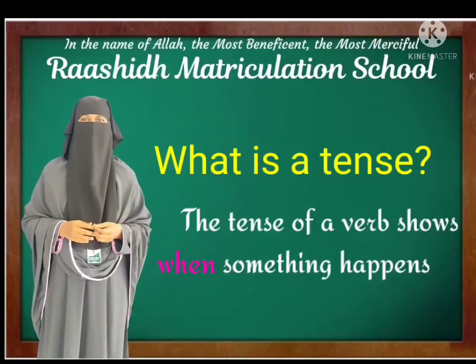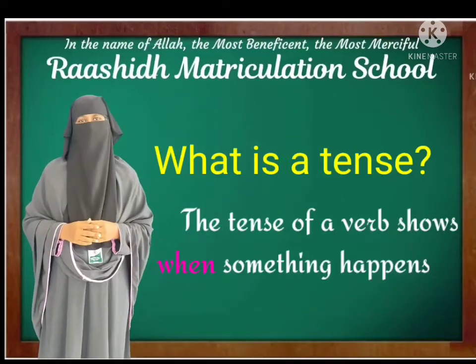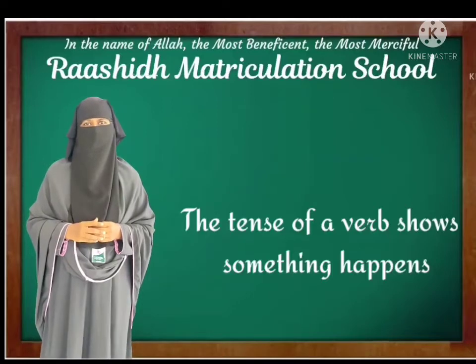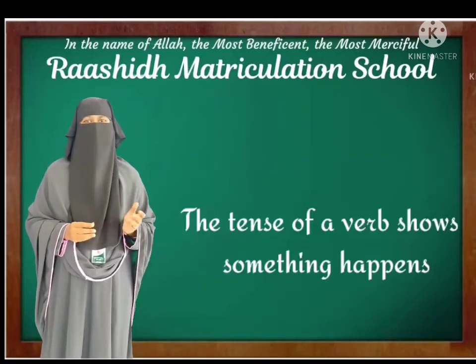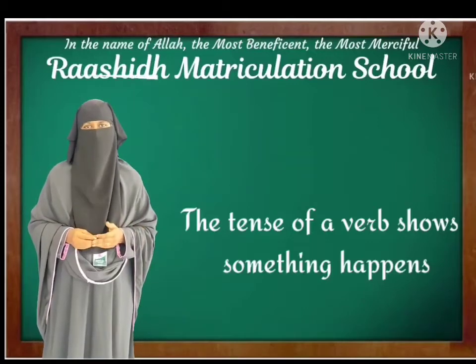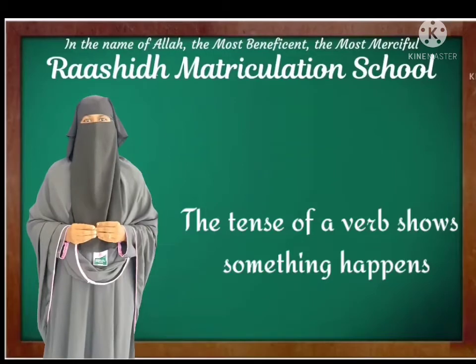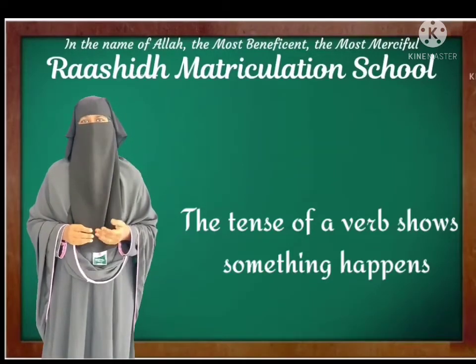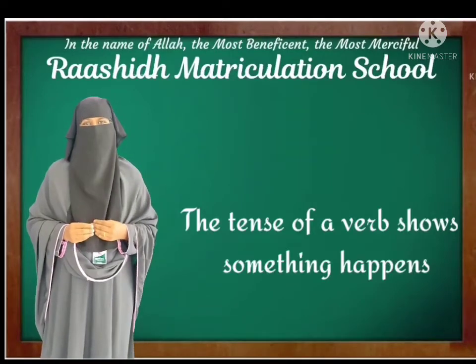A verb is nothing but the action done by the subject. Ramu is playing. So, Ramu is the subject, playing is the verb, isn't it? Now, the tense is useful for us to know when this action happens. Did it happen yesterday, or is it happening today, or is it going to happen the next day? This we can find only through the tense.